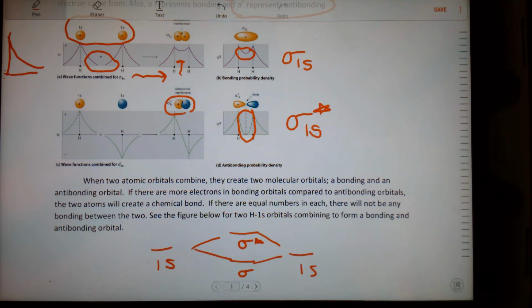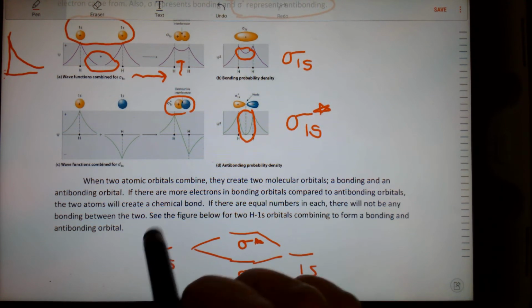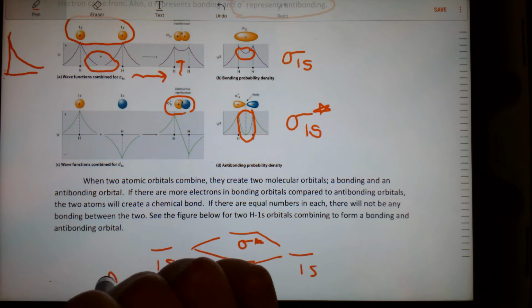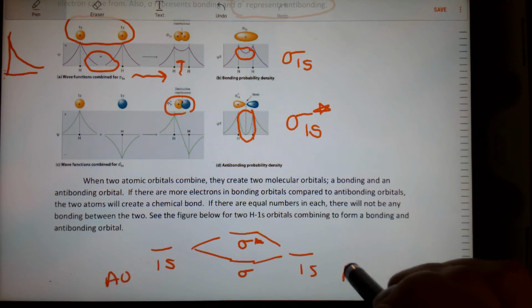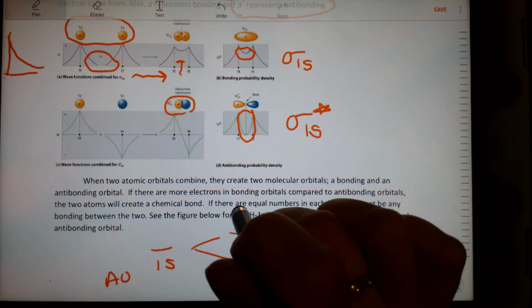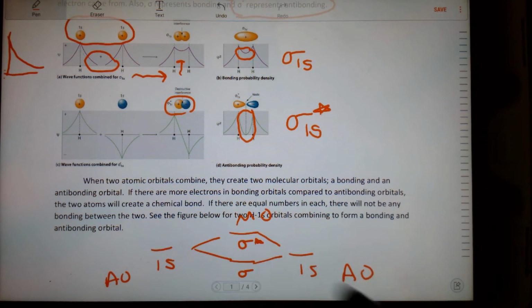The sigma is lower in energy, and the sigma star is higher in energy. However many you have coming in, we have the atomic orbitals of 1s, and then we have the molecular orbitals of sigma and sigma star. So two atomic orbitals come in to make two molecular orbitals, one bonding and one antibonding.